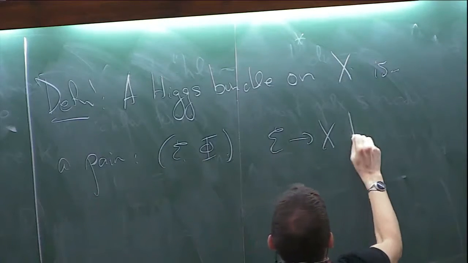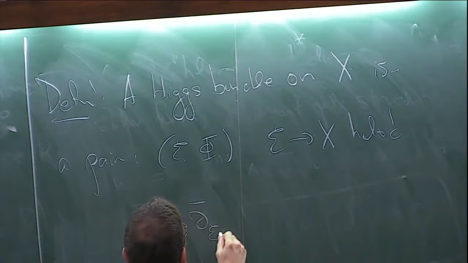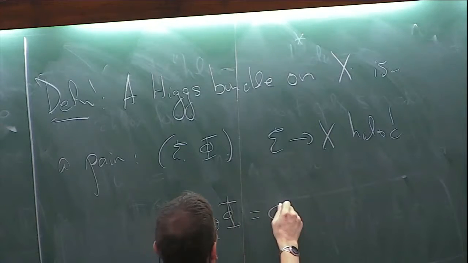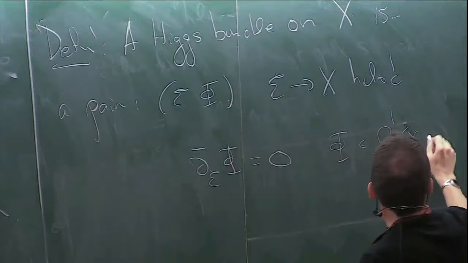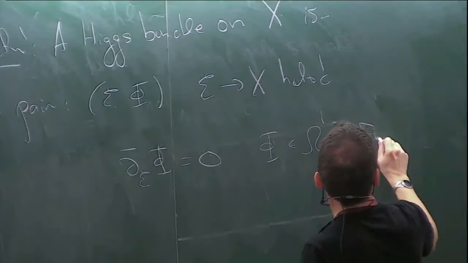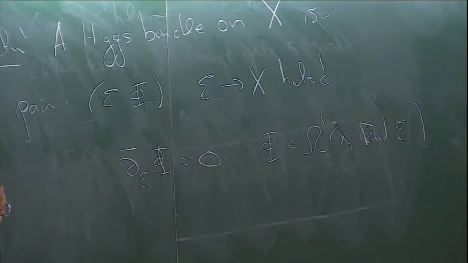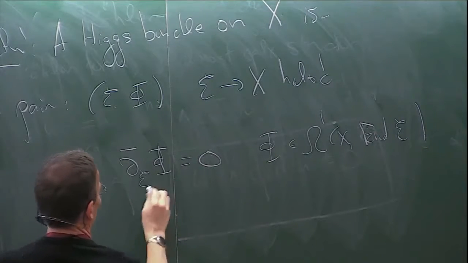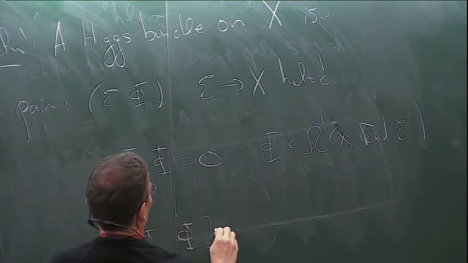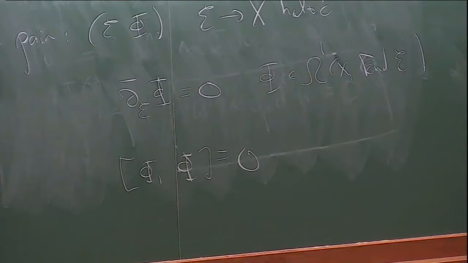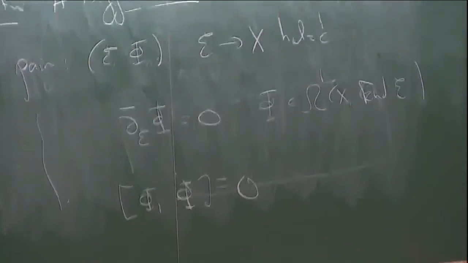E is a holomorphic bundle. φ is a holomorphic one-form with values in the endomorphisms of E, holomorphic with respect to that holomorphic structure, and with the additional equation that the bracket of φ with itself vanishes. Okay. So this is what we mean by a Higgs bundle on X.